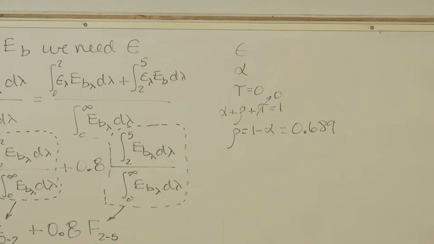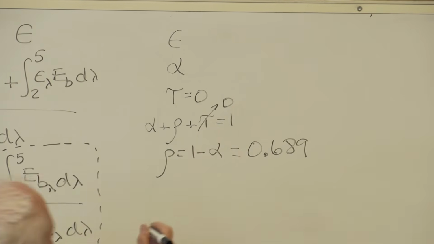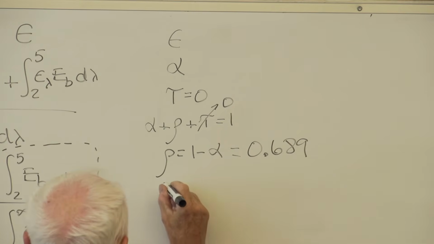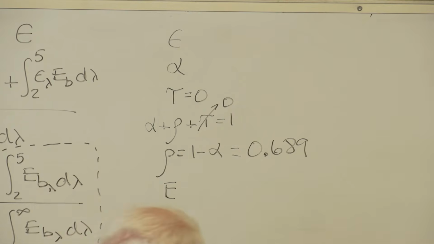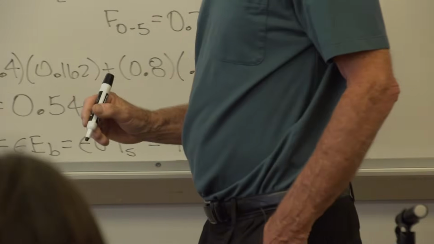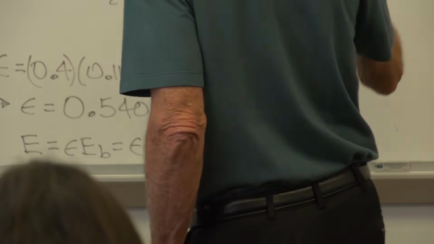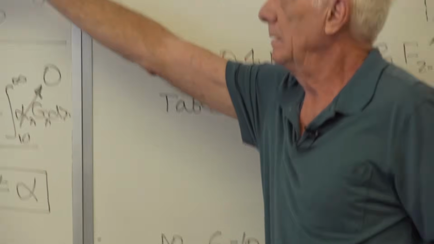Okay. Did I get capital E? Yes, I did. Got it. Capital E, I know. I found it right here, 74,750. Did I find capital G? Yeah, I did. It's right here.